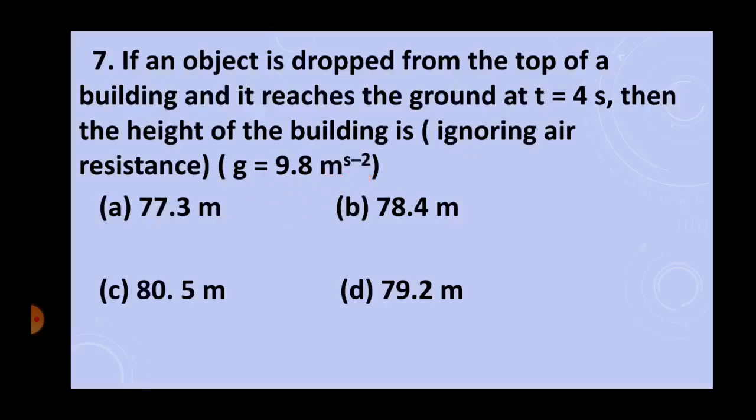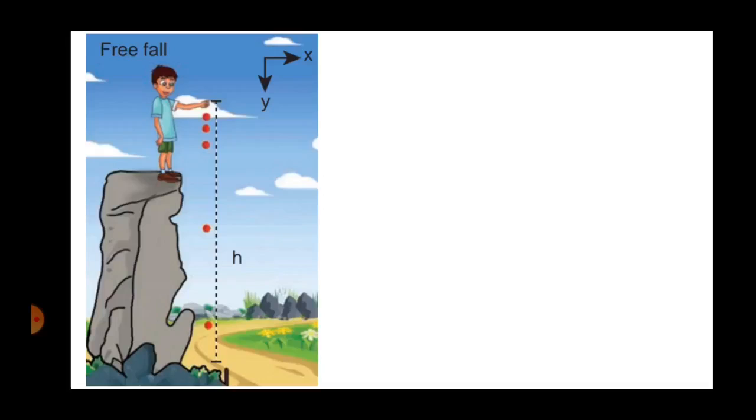Now see, the object is dropped from the top of the tower, which is nothing but the building, and reaches the ground at time t is equal to 4 seconds. Now calculate the height of the building h.